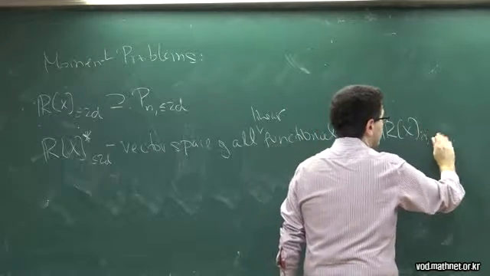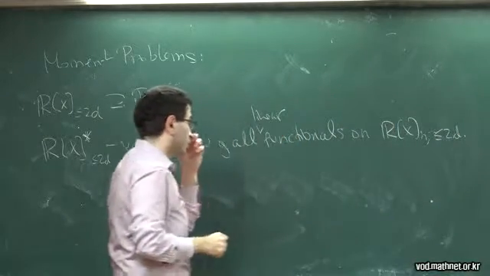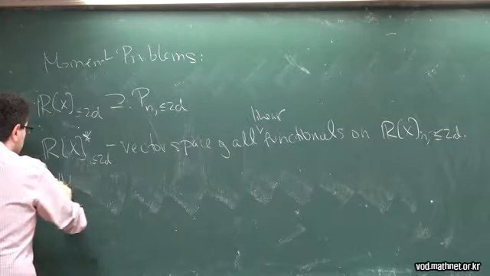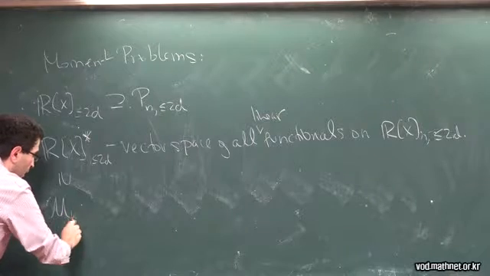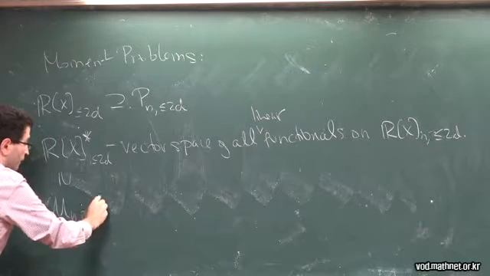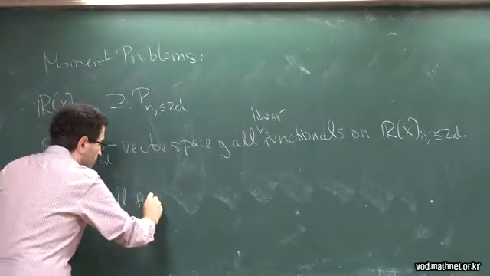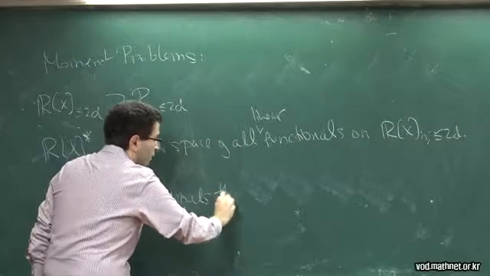And inside this space, there lives another thing. I will call it maybe M_2d. This is the set of all functionals that come from a measure.